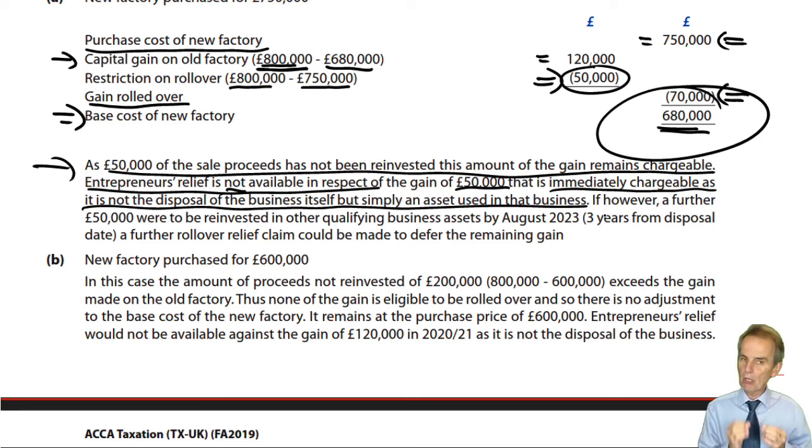What we've seen is there must be a single sale, the sale of a qualifying business asset, a property used in the trade that gives rise to a chargeable gain that qualifies for rollover relief.